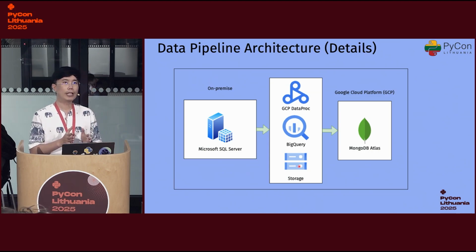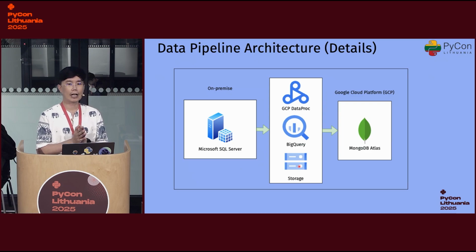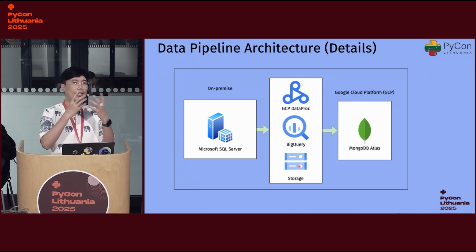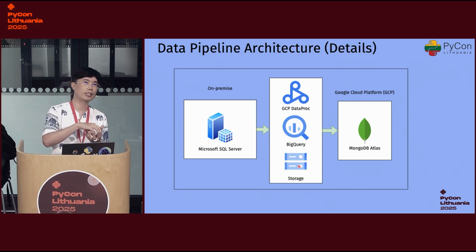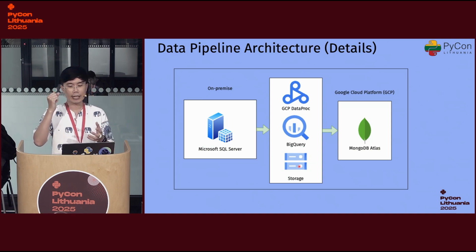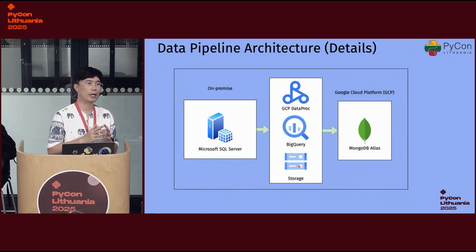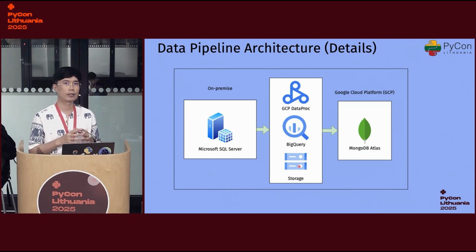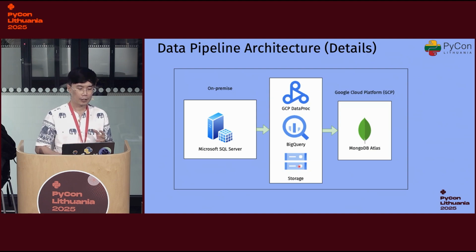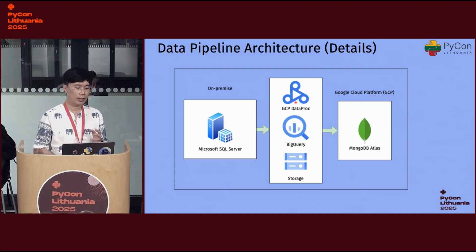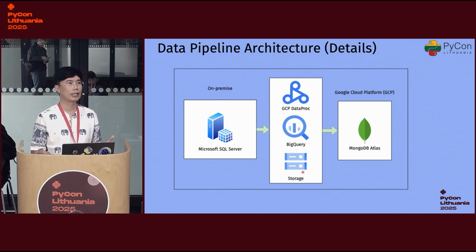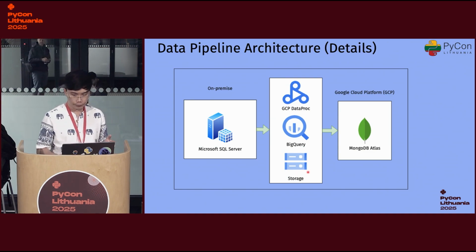Because Dataproc is like a virtual machine, and we don't encourage uploading the Python code inside the Dataproc VM, because you can destroy and recreate it. So I host all the PySpark files in Google Cloud Storage, which is linked to the VM. When we run the Dataproc, we read all the libraries and Python files from the storage, and then execute them to merge the data.